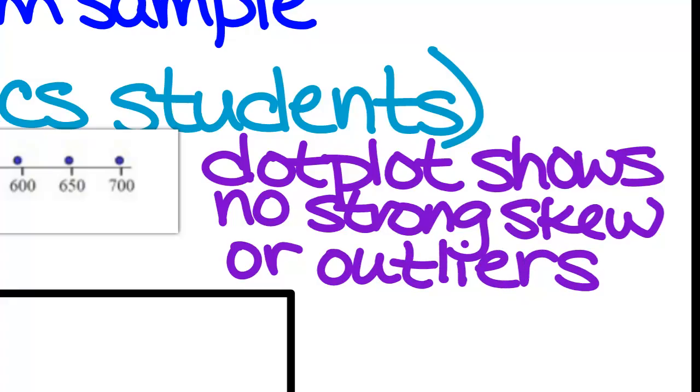And then we actually have to write down next to that what we are observing on that dot plot. Dot plot shows no strong skews or outliers, so then we get our normal or large sample condition.